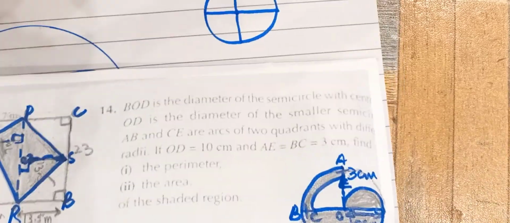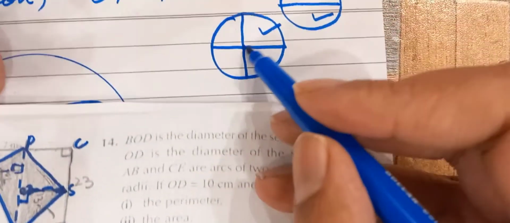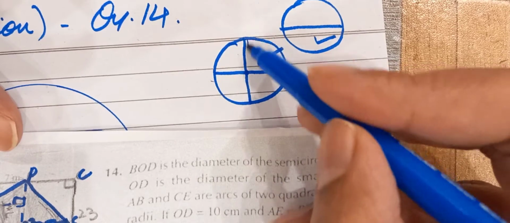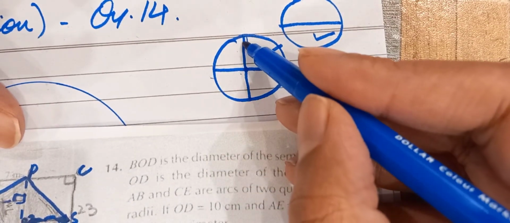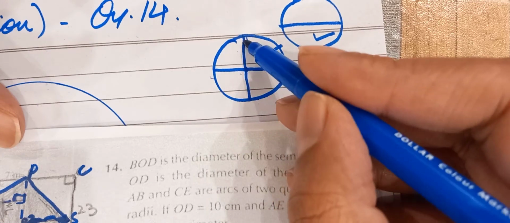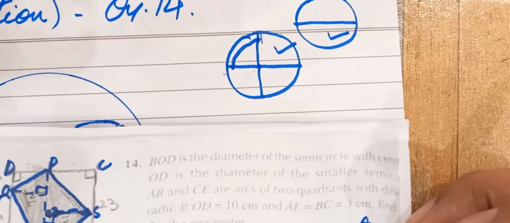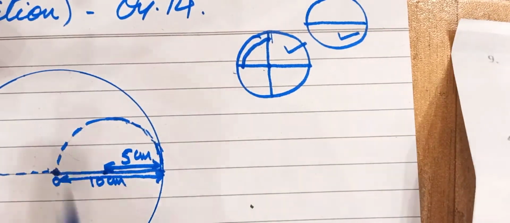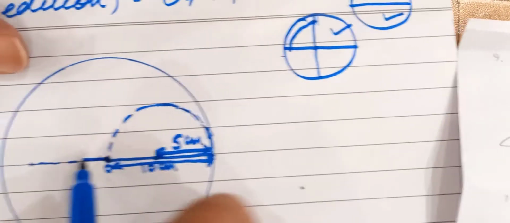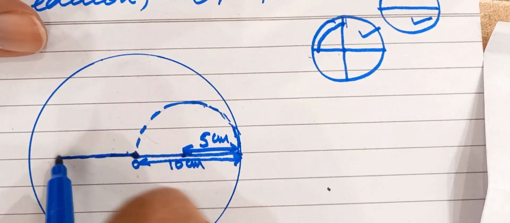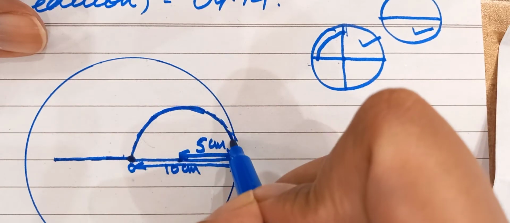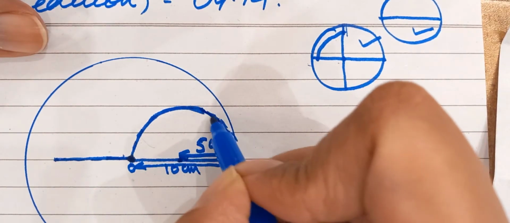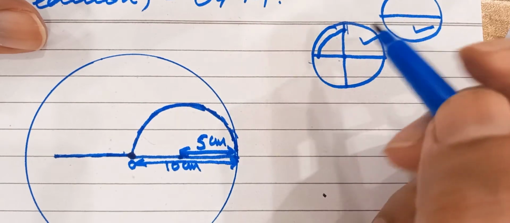As I have already told, the fourth part of a circle is a quadrant, so they have made these arcs in that quadrant. Like if this is a quadrant, they have drawn these arcs like this. These lines are not drawn in the figure, so I am drawing them with my pen.